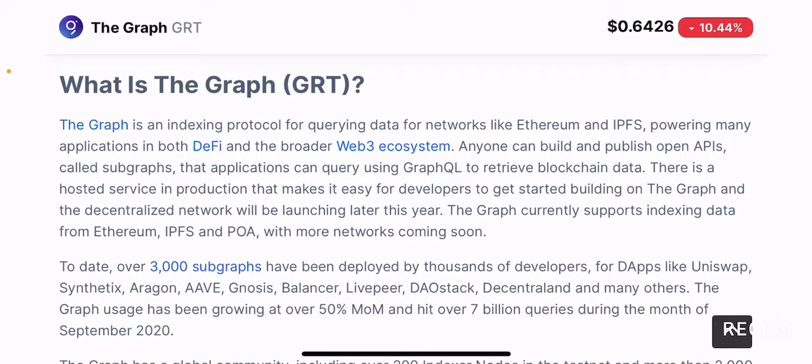Again, it originally was built on top of the Ethereum blockchain, and it serves as a decentralized indexing protocol to query data into a particular format, right?